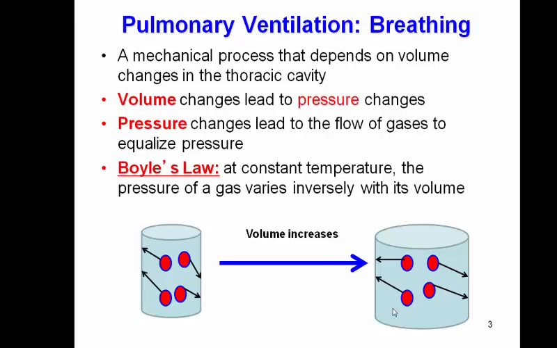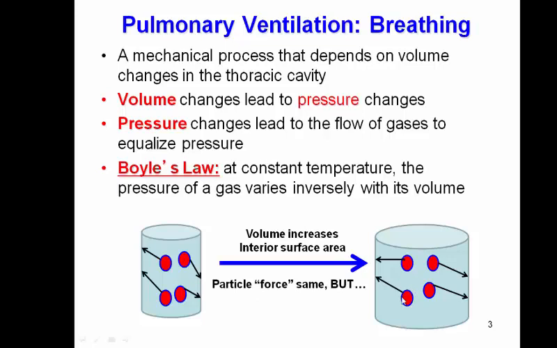container. So what we clearly see moving from the left to the right is that when we increase the volume, we increase the interior surface area, and we reduce the number of collisions between those molecules and the container itself. And so the particle force is the same.